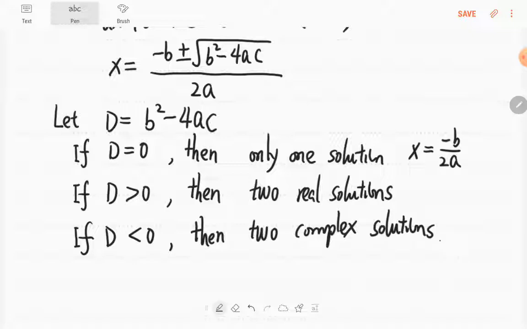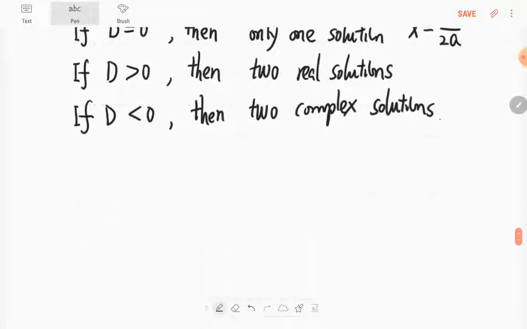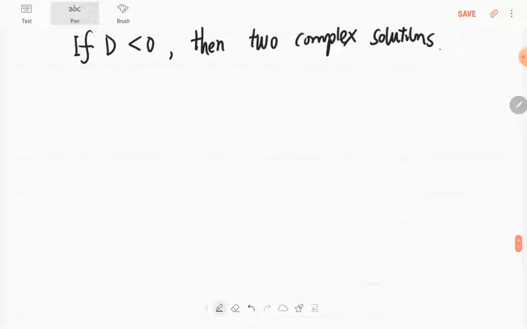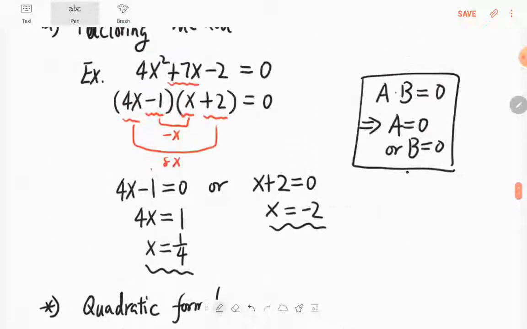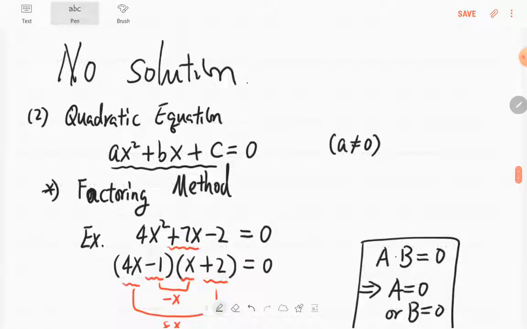Okay, so now let's look at one example. This is the example 2x times x minus 1 equals 5. For this kind of example, the first thing is you need to convert it to our standard form.